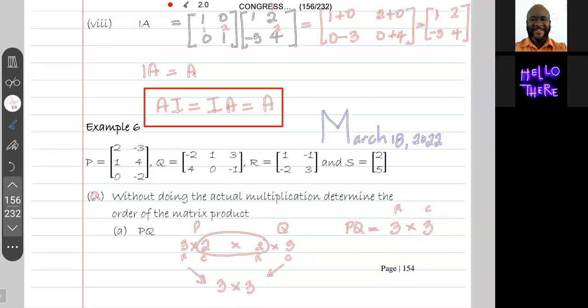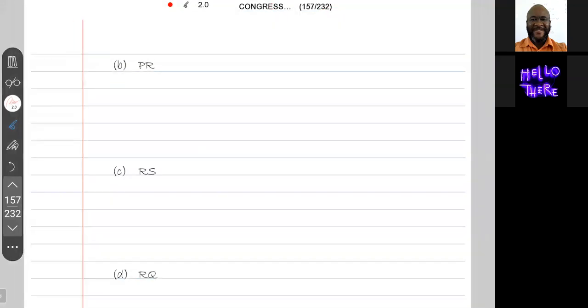All right, so we just did A. Let's turn the page and have a look at B. We're asked to determine the order of the matrix product PR without doing the actual matrix multiplication. Now, P is a 3 by 2 matrix.